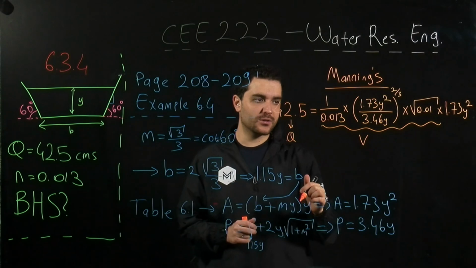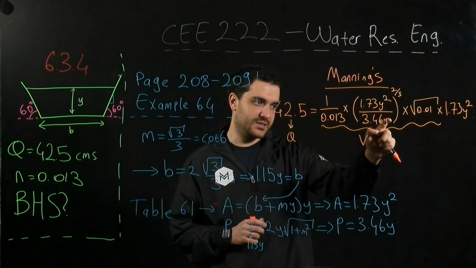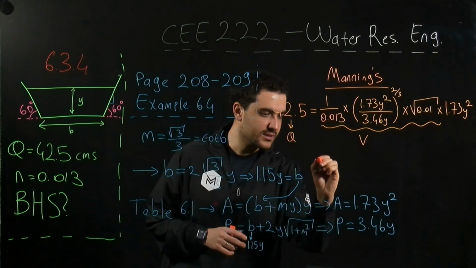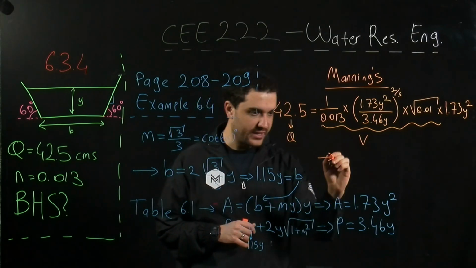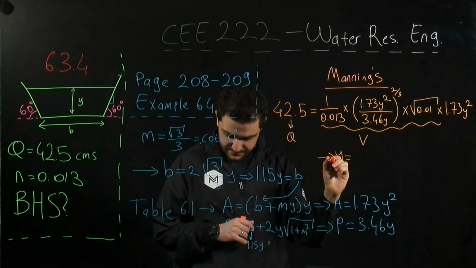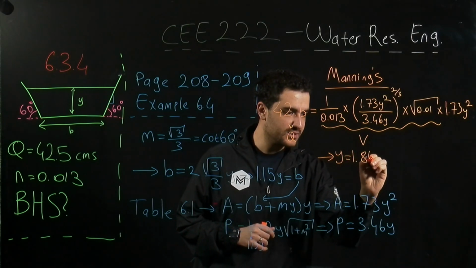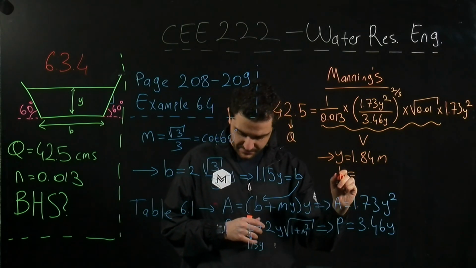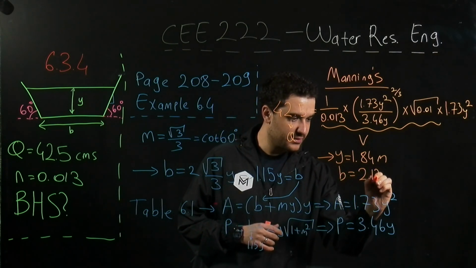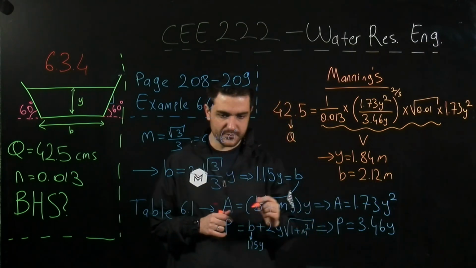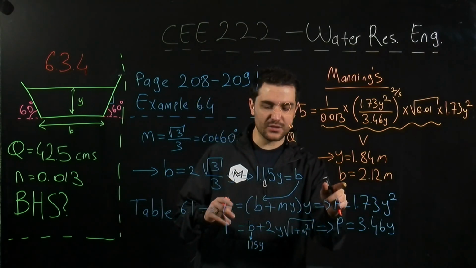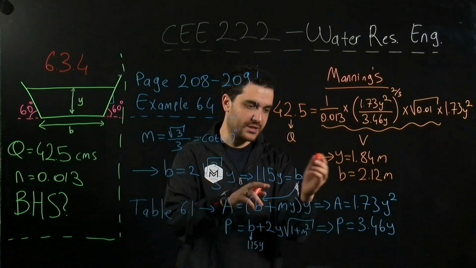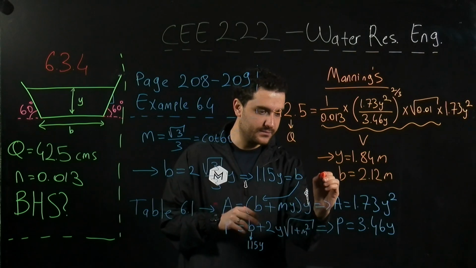As you can see, the only unknown here is depth, which is y. From these calculations, we will get y as 1.84 meters, and the width will be 2.12 meters. You can get this value from this equation, since we already know y, or you can just directly use it here.